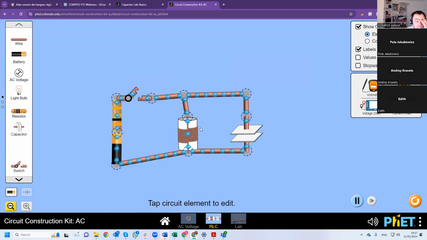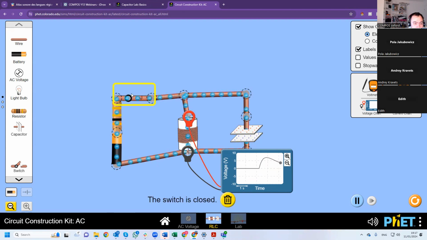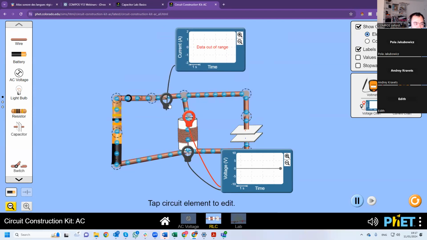All right, so when I switch the current, of course, you will have the current flowing through. Okay.